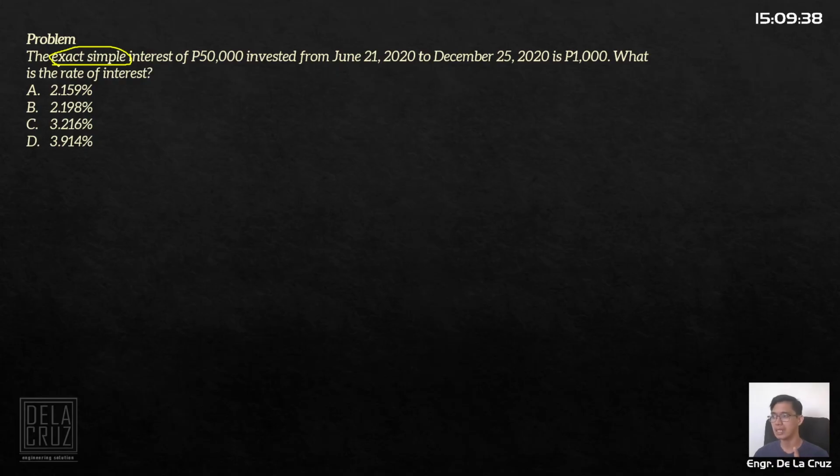So, yung gagamitin natin is the exact number of years. So, yung 50,000, exact simple interest of 50,000, that's the principal value. Yung simple interest, exact simple interest niya, or yung tubo is 1,000, from June 21, 2020 to December 25, 2020. Take note, the year 2020 is a leap year.